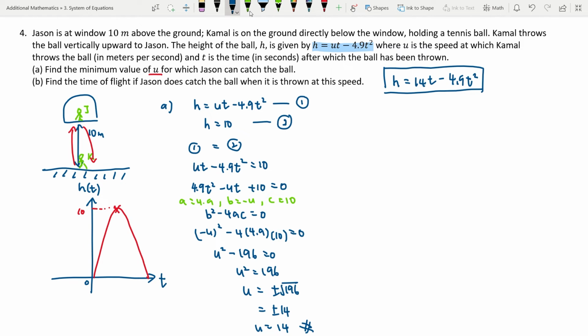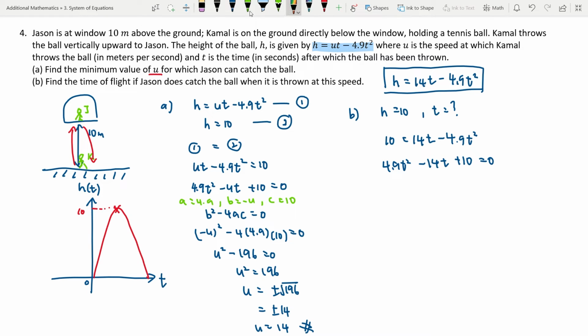B. Find the time of flight if Jason does catch the ball when it is thrown at this speed. That means when h is equal to 10, what is the time? 10 = 14t - 4.9t². 4.9t² - 14t + 10 = 0.